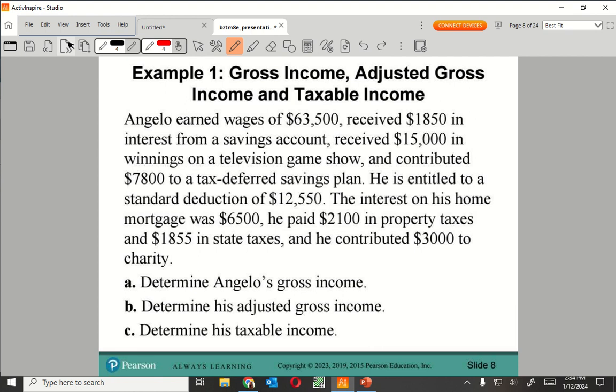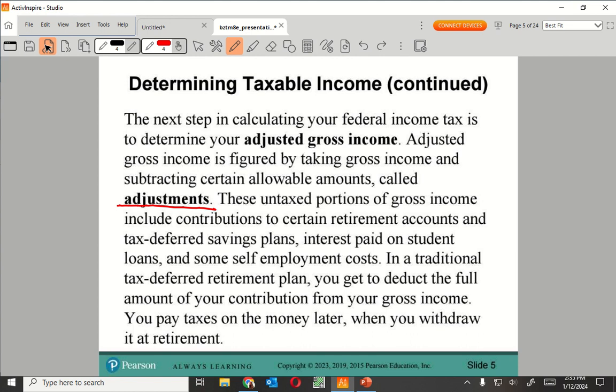Yes. No. No. Right here, the tax-deferred savings plan. So that's almost an adjustment. Okay. Retirement accounts and tax-deferred savings plans. There it is right there. So it's an adjustment. Okay, I figured it out by subtracting it, so that is an adjustment.